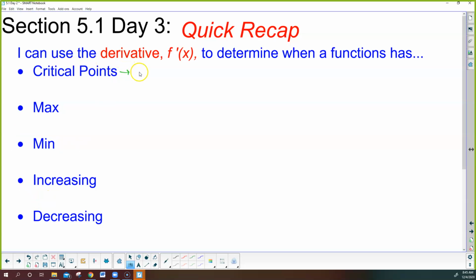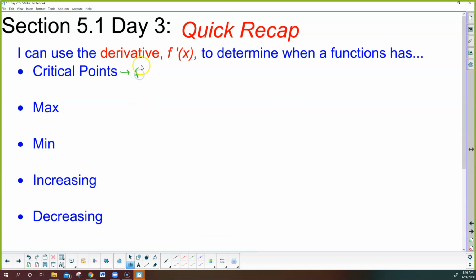Well, all you have to do to justify where critical points exist, my smartboard decided to act all funky for a second. Try this again.